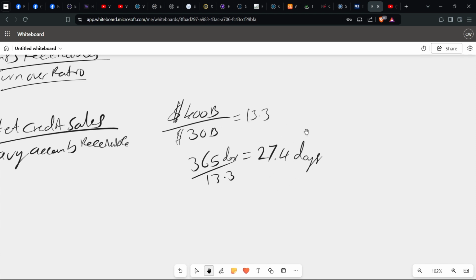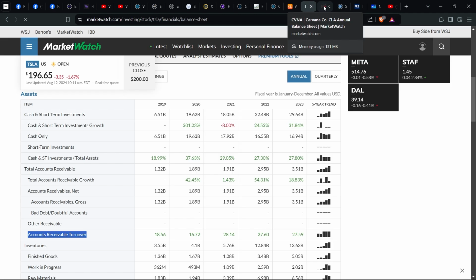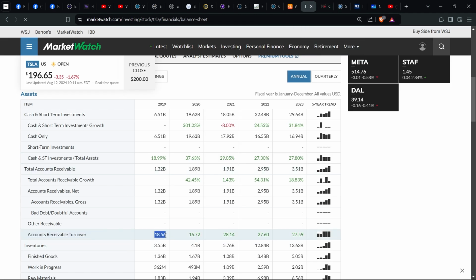Like every month, goods sold on credit are converted to cash within the same month. That's what it means, and this is good, right? Now, when you come here, accounts receivable turnover, this number is going to be the multiple.